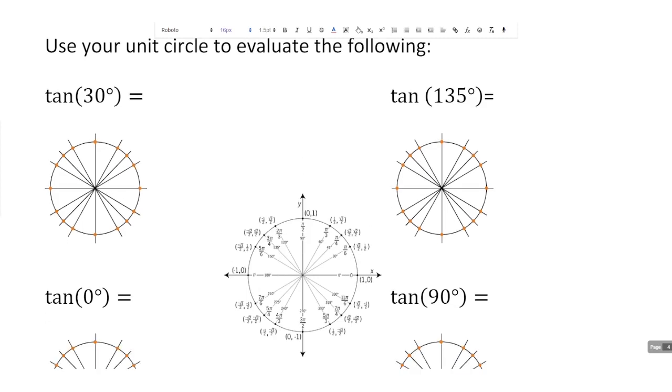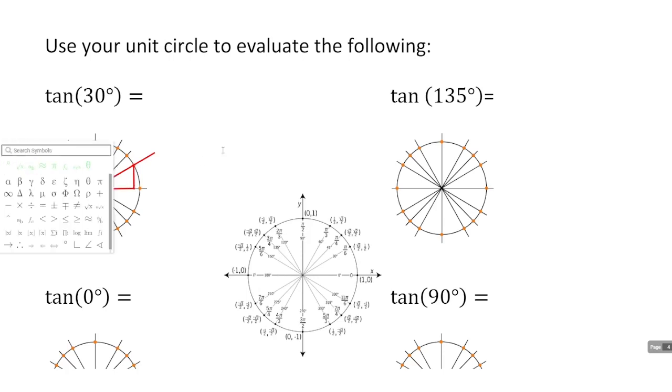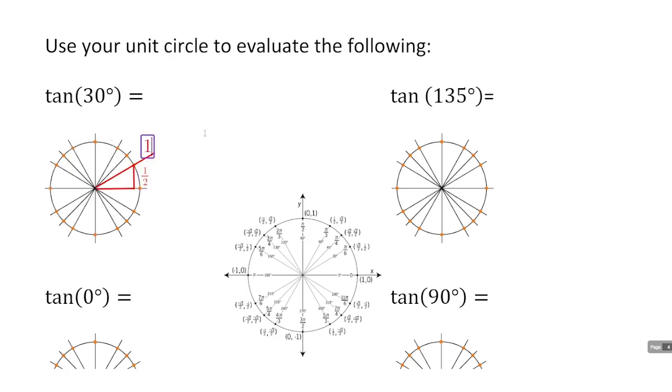So for tangent of 30 degrees, we want to look at the 30-degree mark, which is right here. I'm going to drop my altitude from the unit circle down to the x-axis and draw my right triangle. My opposite side is going to be 1/2. The hypotenuse is just going to be 1 because it's the unit circle.